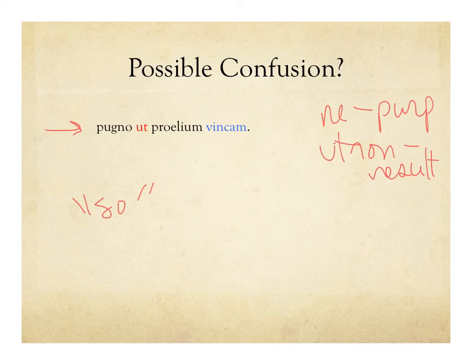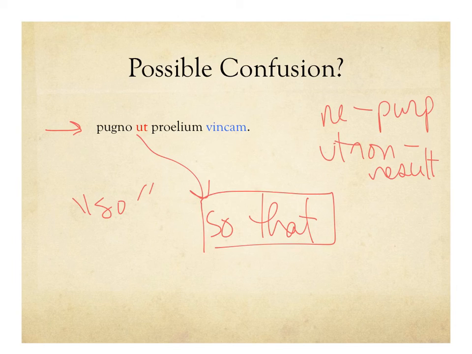And in some cases, it really doesn't make a whole lot of difference. Both of these clauses can be translated so that, and sometimes that's just your best alternative, okay? Context will usually help you figure out whether something is the purpose of an action or the result of an action, but it can be tricky.